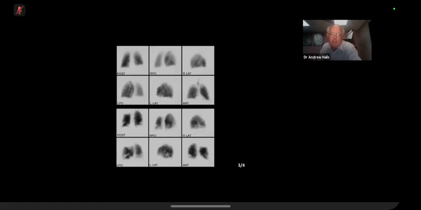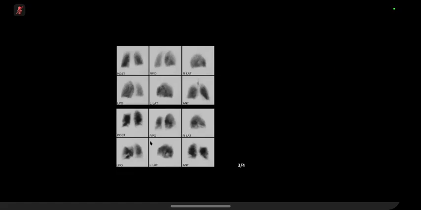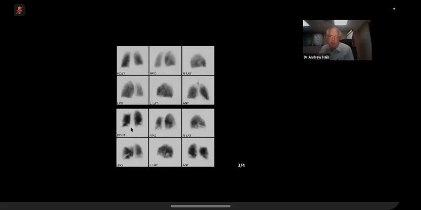But if you've got something on chest X-ray, try and avoid a VQ scan. So basically, we've got not just one segmental defect, we've got more than one segmental defect. Because just one segmental defect would basically be a low probability scan. But when you've got more than one segmental defect, that makes it very likely to be a pulmonary embolism.